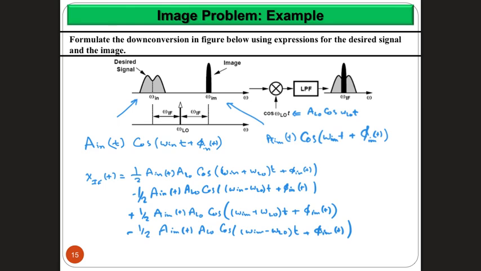Okay, now we see that we have a low-pass filter after that. So this low-pass filter means that the sum terms are simply going to disappear, and after the low-pass filter I will end up only with the two difference terms, right?